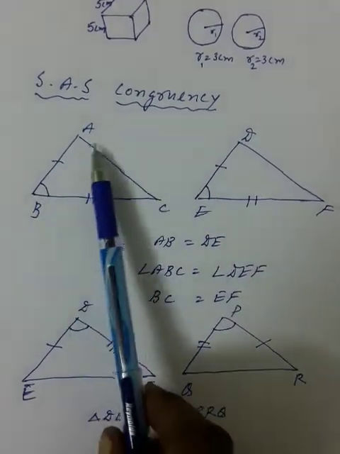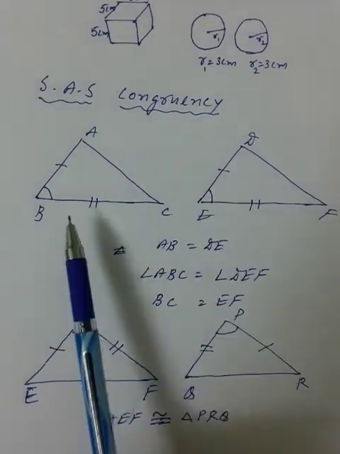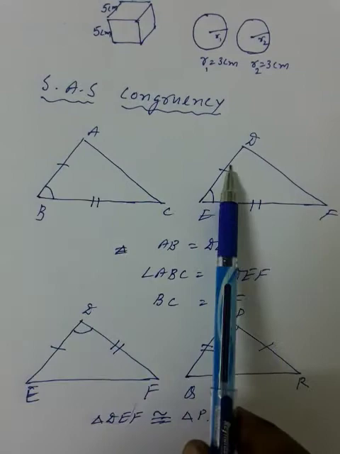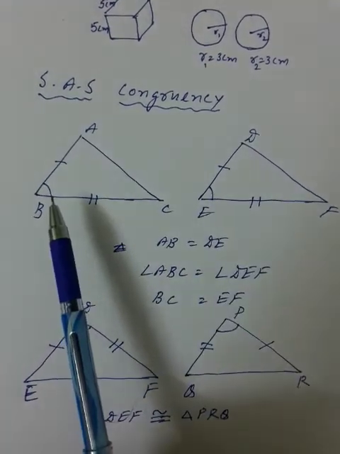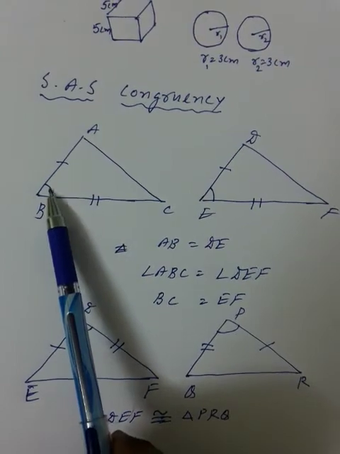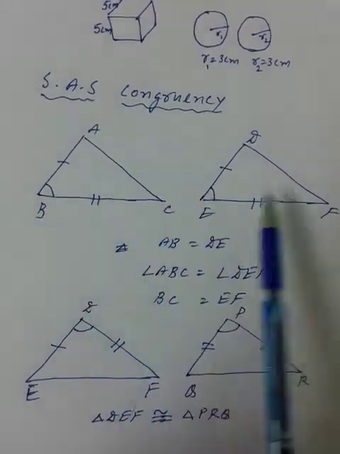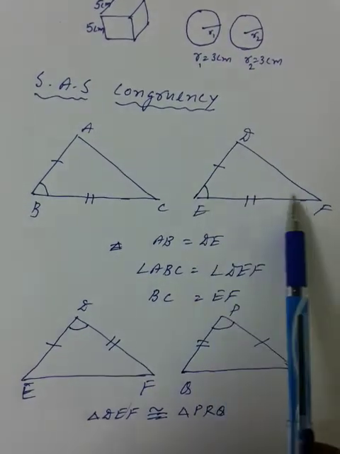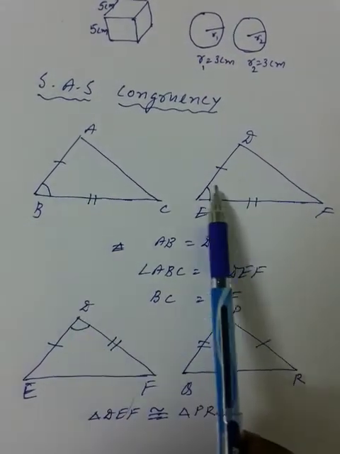So now one side is AB, other side is DE, these two are equal, then BC and EF, these are equal. And which is the included angle? Angle B is the included angle for these two sides. For these two sides, which is the included angle? This one. So now these two angles are equal.